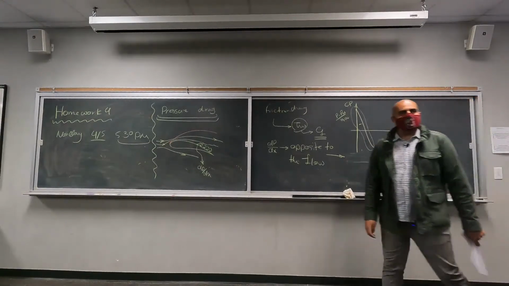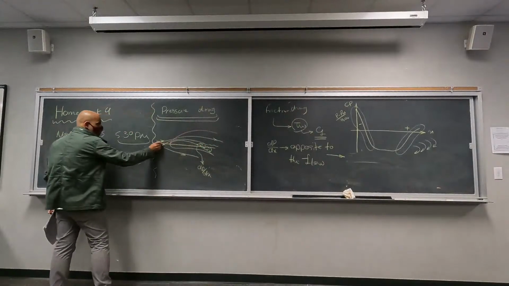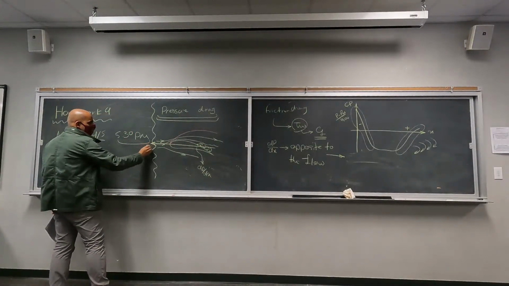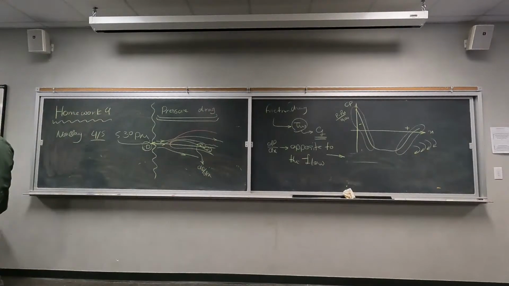So what does it mean for the forces in the direction of the drag? It means there is some part of the flow that is pushing the airfoil against the real flow, right?